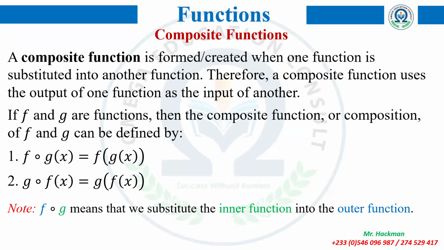You are feeding one function with another function. Whenever you have this situation, your resultant function becomes a composite function. Therefore, a composite function uses the output of one function as the input of another function.